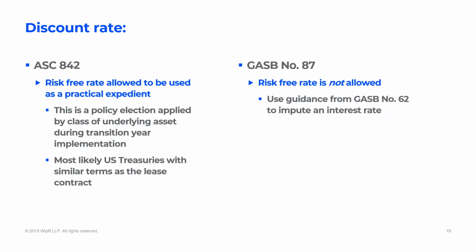So then you're into the territory of having to calculate your entity's incremental borrowing rate, which is theoretically the rate at which you would be able to borrow the same stream of money for the same length of time. What that usually looks like is getting in touch with your banker, whoever you have a banking relationship with, and figuring out what the interest rates are today for a similar amount of money for a similar period of time.